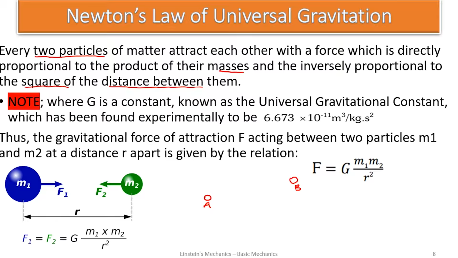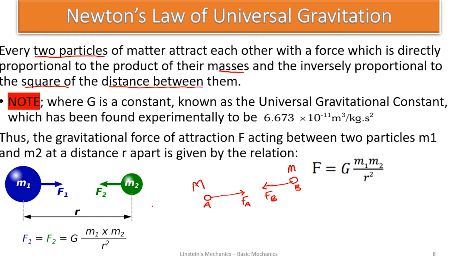Meaning this particle A has a mass, let's say m, and this B has a mass small m. And as these two particles are existing, there is going to be a force pull. So this one is trying to exert a force Fa, and this B is also trying to exert a force Fb.